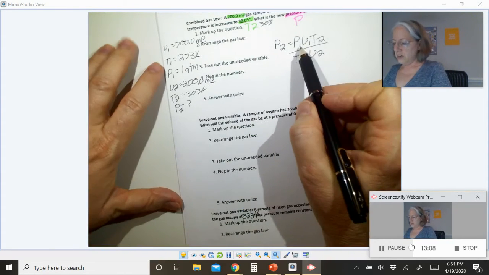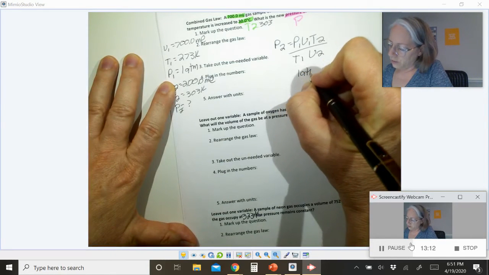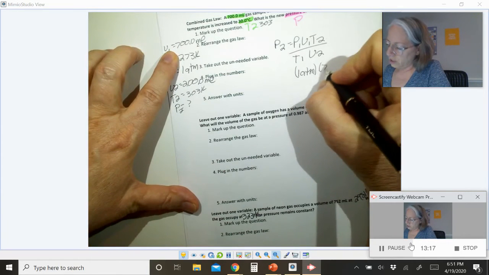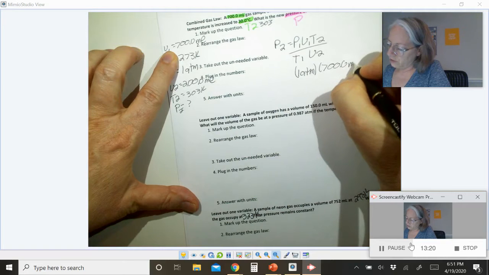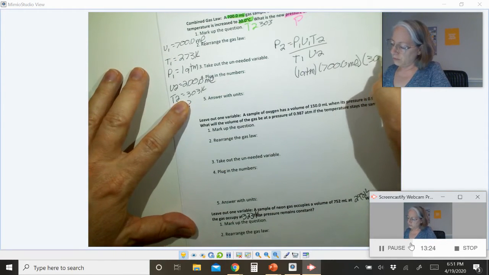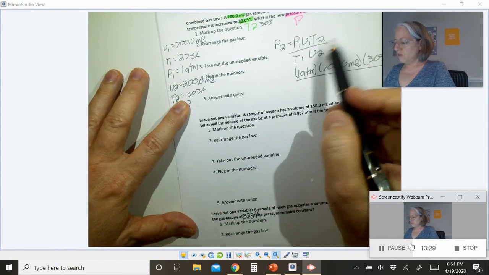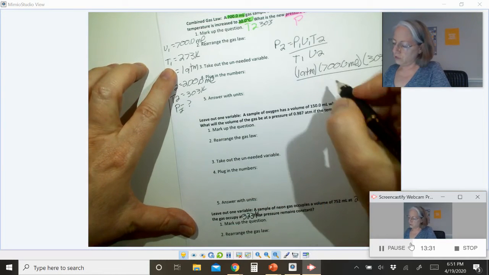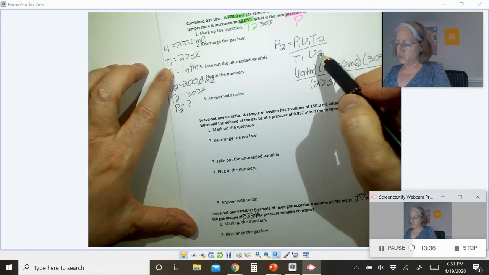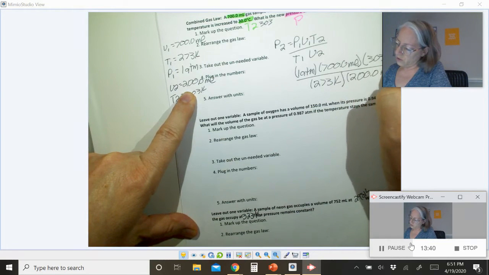So P1, 1 atmosphere. 1 atmosphere is easy to work with. You like that. V1, 700.0 milliliters. T2 from the bottom of my list, 303. All over T1 from the first situation, 273, and V2, 200.0 milliliters.